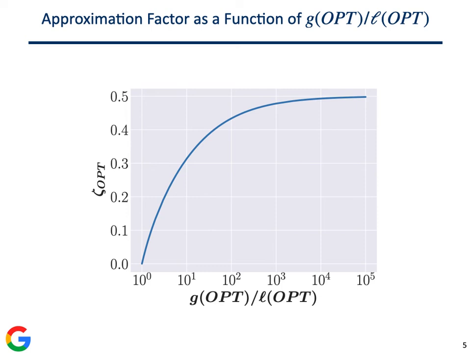At the same time, we see that for large values of beta opt, the approximation factor approaches 1/2. A recent work proved that the 1/2 approximation ratio is optimal when the objective function is non-negative and monotone. Given this evidence, we conjecture that the threshold streaming achieves the best possible guarantee in the streaming setting.